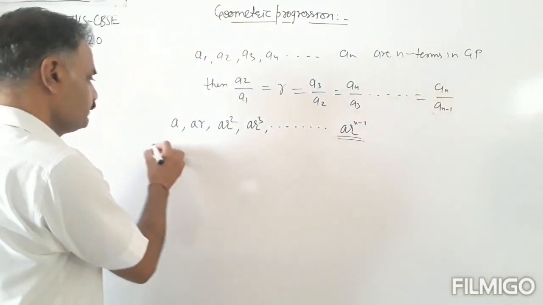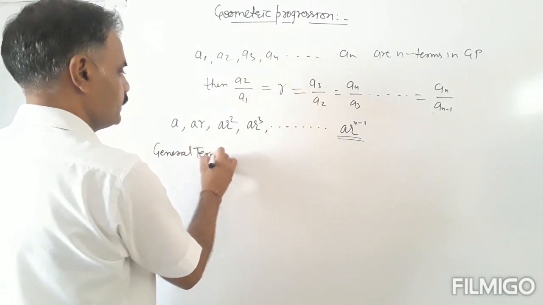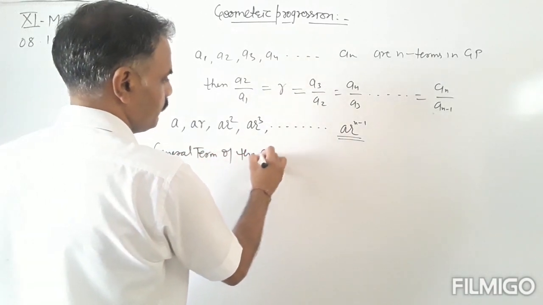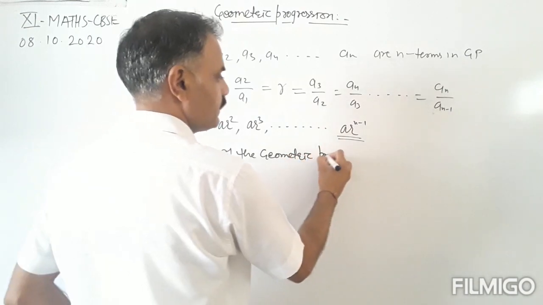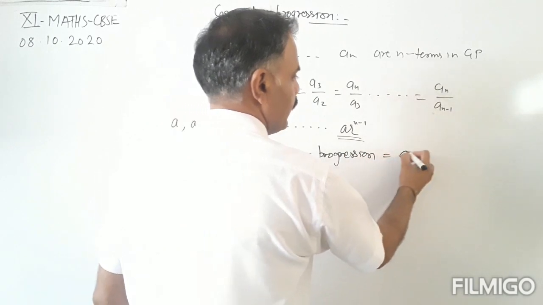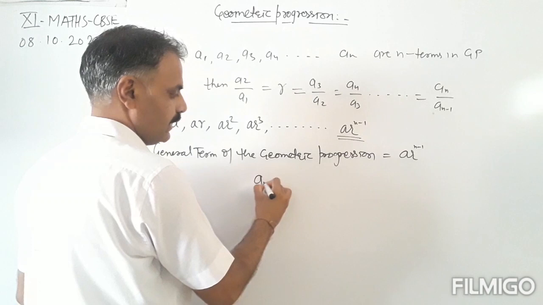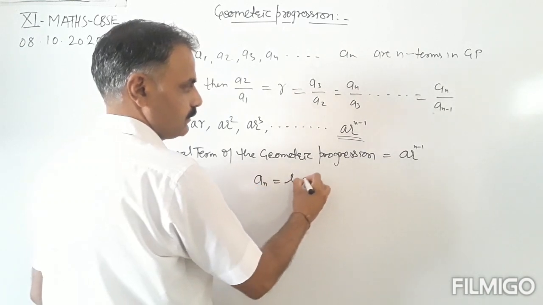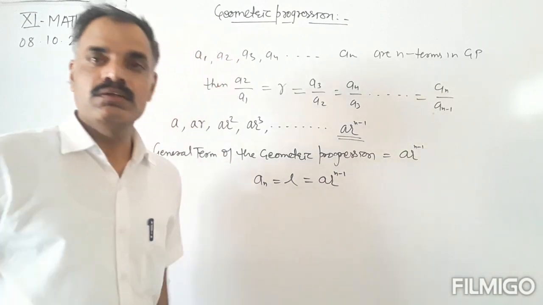Okay, so the general term of the geometric progression, that is AR to the power n minus 1, is denoted as An or L, that is equal to AR to the power n minus 1.